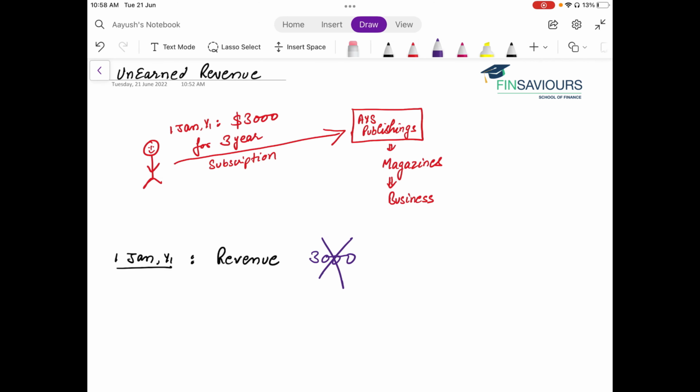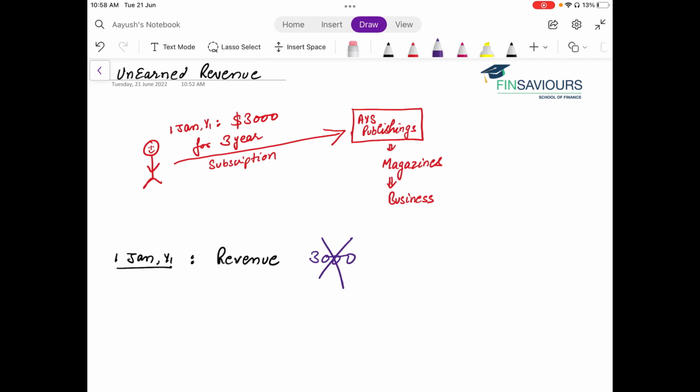Let me take you back to the revenue recognition principle, which says you are going to book your revenue only and only when you have performed your part of obligations. You will book the revenue when you have the right on it, when you have earned it.